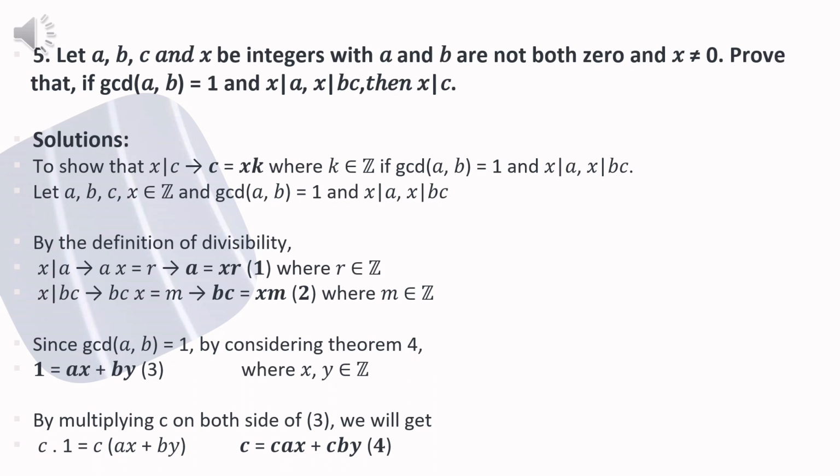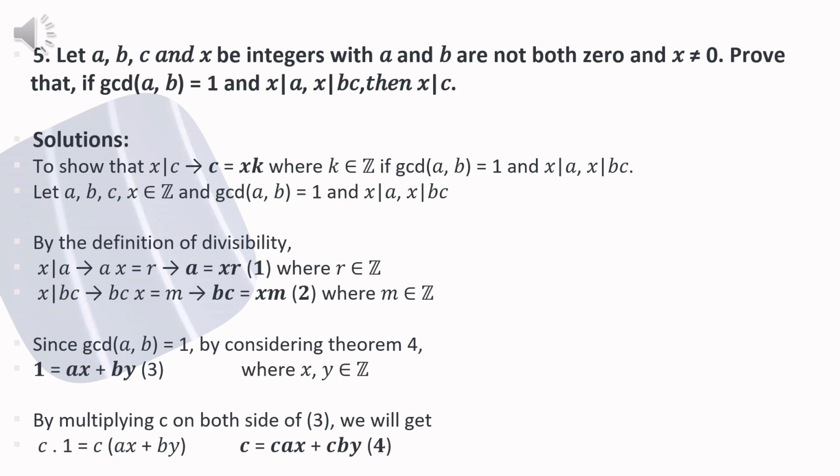So by the definition of divisibility, X divides A, where A equals X times R. We use this as the first equation, where R is an element of integers. Next one is X divides BC, where BC equals X times M. We use this as the second equation, where M is an element of integers.